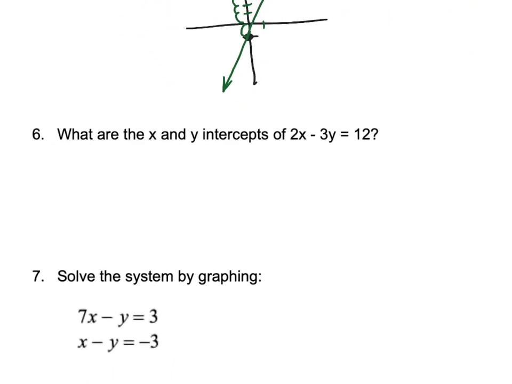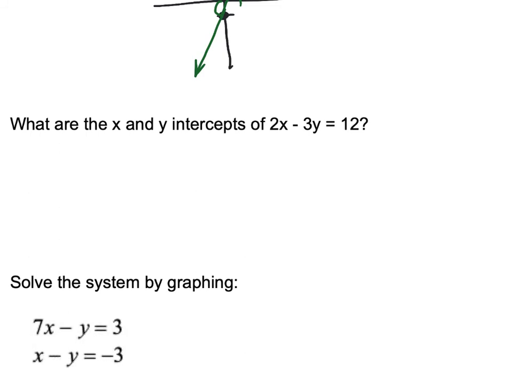Well, number 6 is about x and y intercepts again, so we just had a preview for that. We'll just do this. We're going to let x equal 0, so -3y equals 12. Divide by -3. There's our y-intercept.